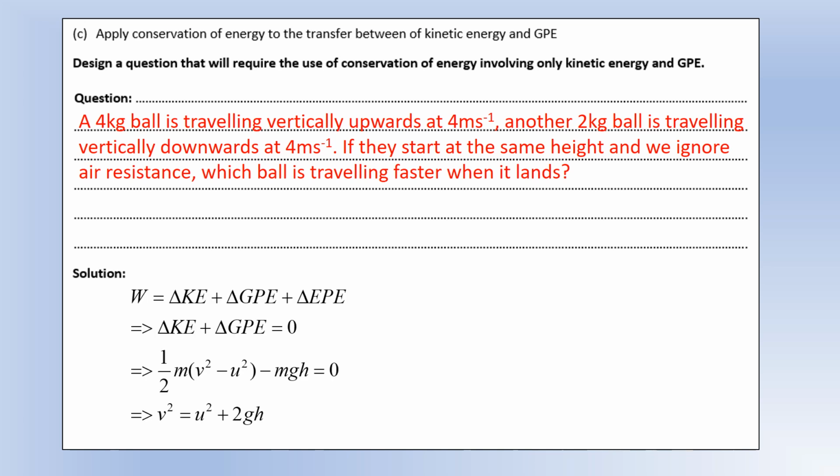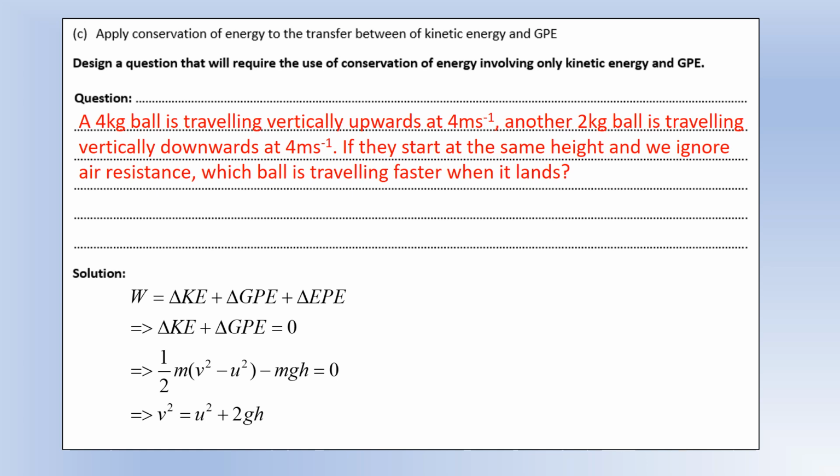If we work through the logic, starting with our expression of conservation of energy, no external forces, so W equals 0, no shape changing, so change in EP is 0. Then we've substituted in expressions for the change in kinetic energy and the change in GP, remembering they're going to end up below their starting point, so the change in GP is going to be negative.